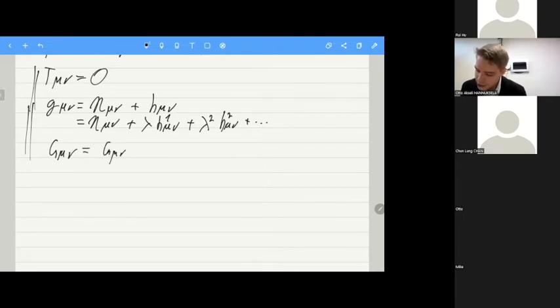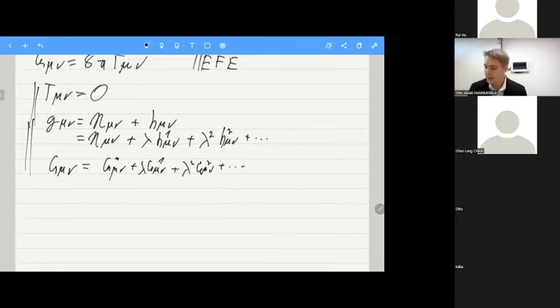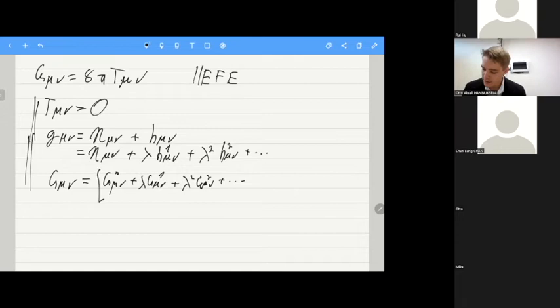So this is G mu nu 0 plus G mu nu 1 lambda plus lambda squared G mu nu 2. So we can expand it perturbatively. And of course, this term is 0 because it's flat space-time essentially.